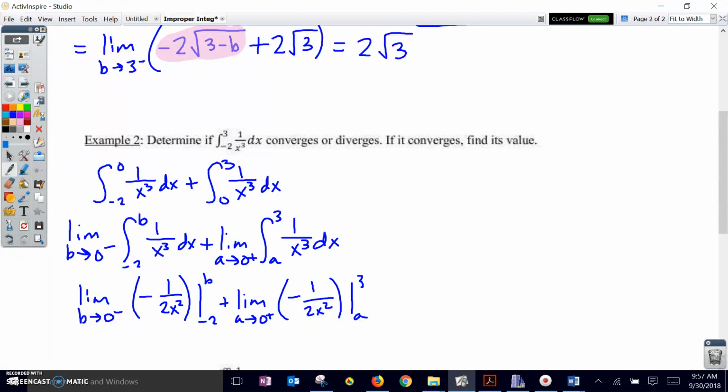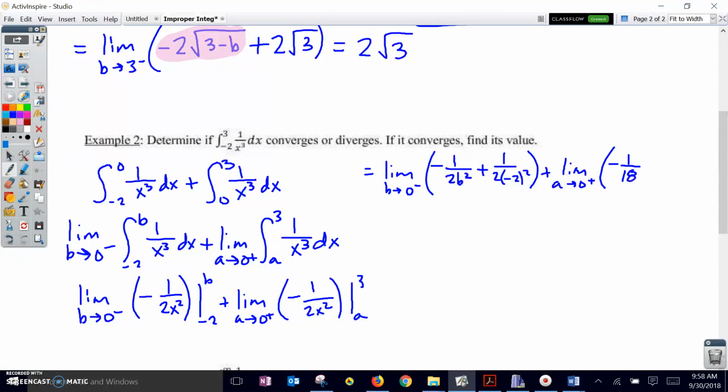Alright, now, let's see, that gives us the limit as b goes to 0 from the left of negative 1 over 2b squared minus negative 1 over 2x squared, and the second integral is the limit as a goes to 0 from the right of negative 1 over 18 plus 1 over 2a squared.